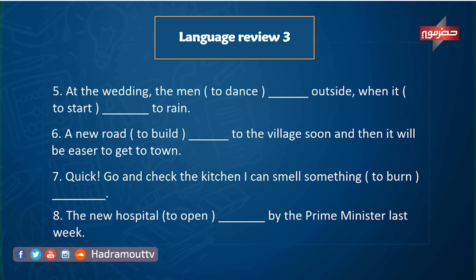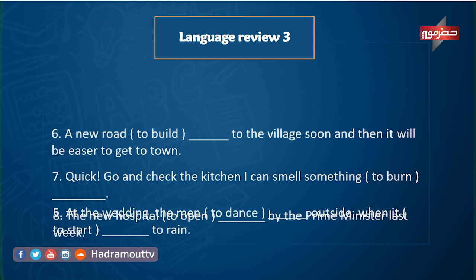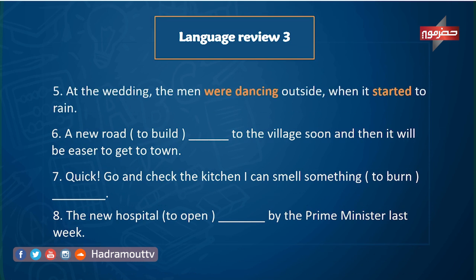Dance and start. The rain start. Compare your answer. At the wedding, the men were dancing outside when it started to rain. Past continuous, the men were dancing. The rain started, past simple.